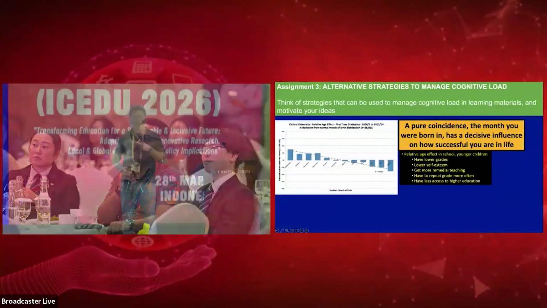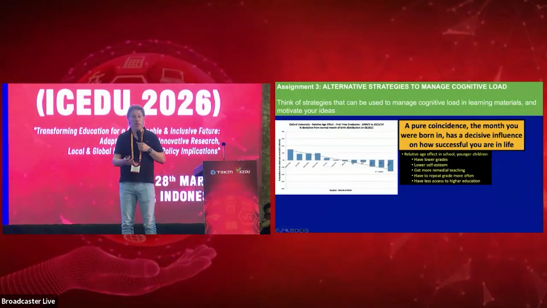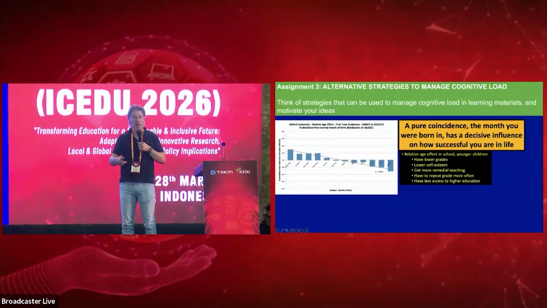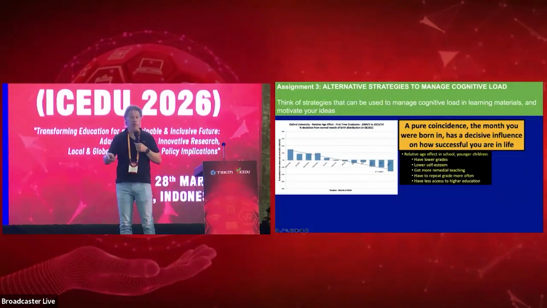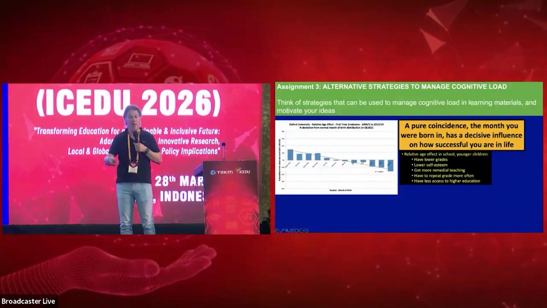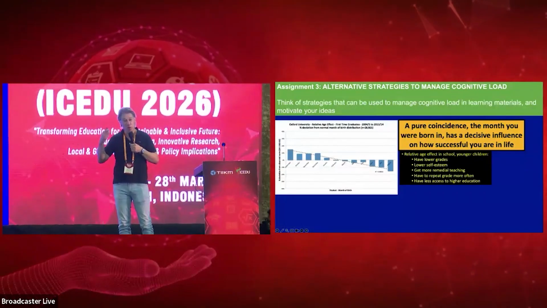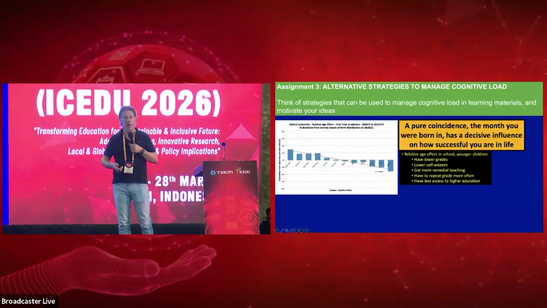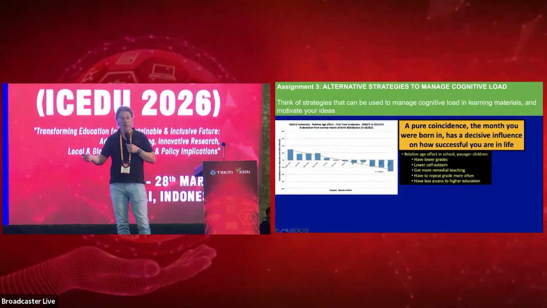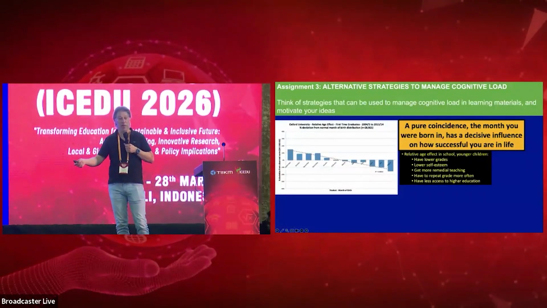Yeah, I would say that if you have younger children in the classroom, they perform worse, and they need to invest more effort than the children that are older, that are more cognitively and physically developed. So the children who are older will do better.